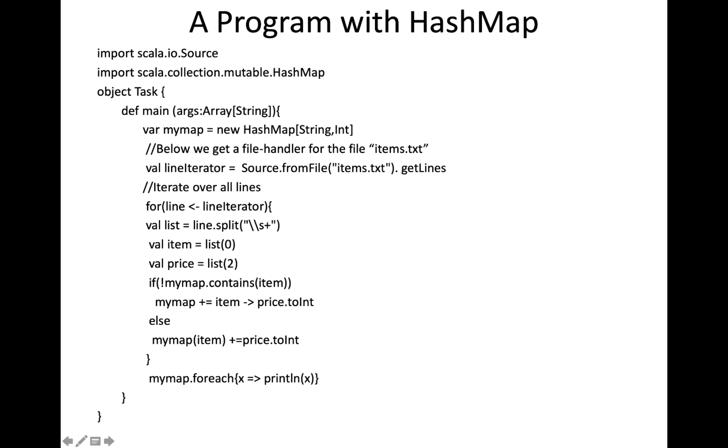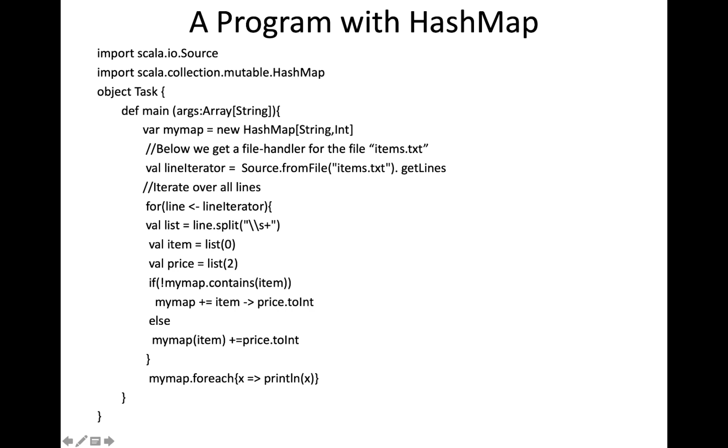And then get one line, and you can split it using the white space delimiter, and that can give you the list of words in each line, right? Now remember, the item was the first item in each line, right? So to get the first item in the list, you can say list 0 and get the item. The price was the third item, right? So you can say list 2 to get the price of the current line item's price.